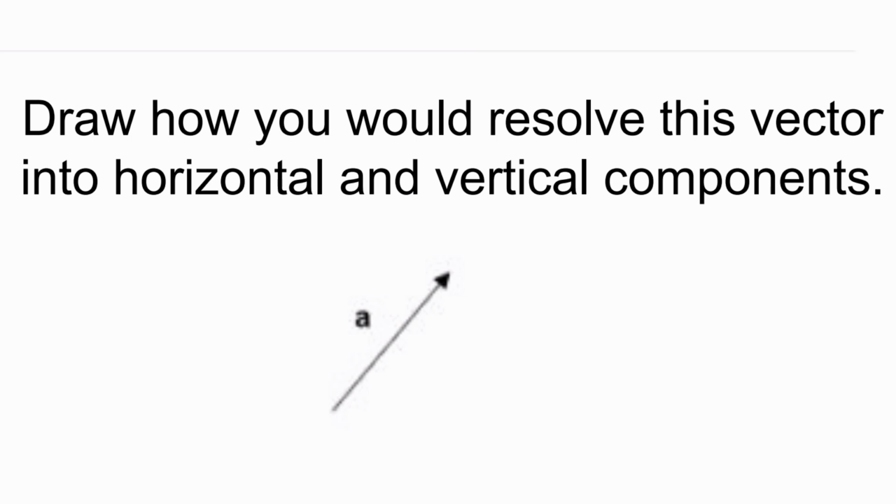Draw how you would resolve this vector into horizontal and vertical components. Now, especially in your force and pressure chapter, you need to draw these horizontal and vertical components to take out the exact values, and this is also essential for your projectile motion. How to resolve it? It's very simple.